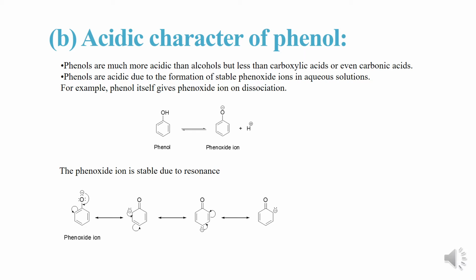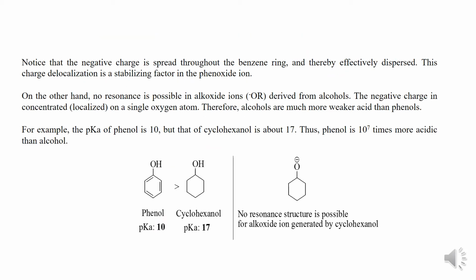Phenoxide ions are stable due to resonance. Here four different resonance structures have been given in the presentation. Notice that the negative charge is spread throughout the benzene ring and thereby effectively dispersed. This charge delocalization is a stabilizing factor for the phenoxide ion.